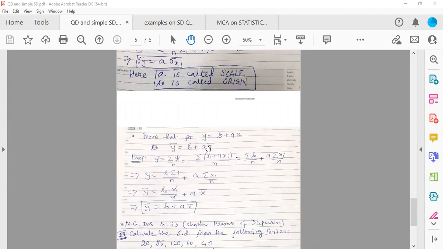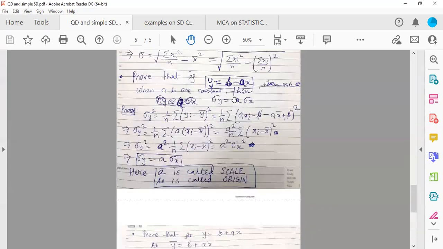Say for example, you know the x bar, the arithmetic mean of the x variable, and you know the values of b and a, then you can find the arithmetic mean of y. That is, b and a both are needed. But for the case of standard deviation, if you don't know the b value, no problem. If you know the standard deviation of x, and also the value of a, then you can easily find the standard deviation of y.